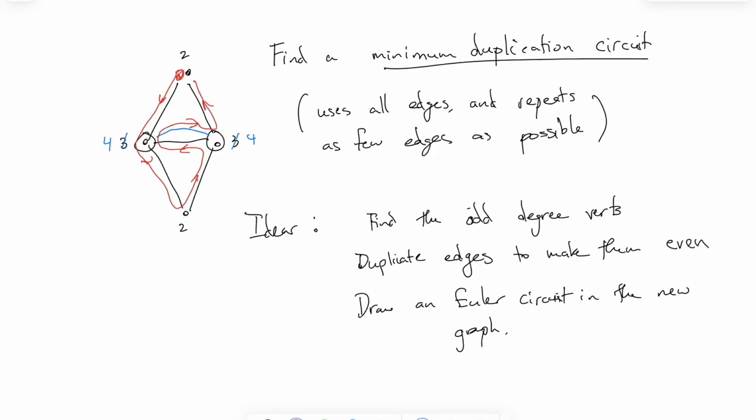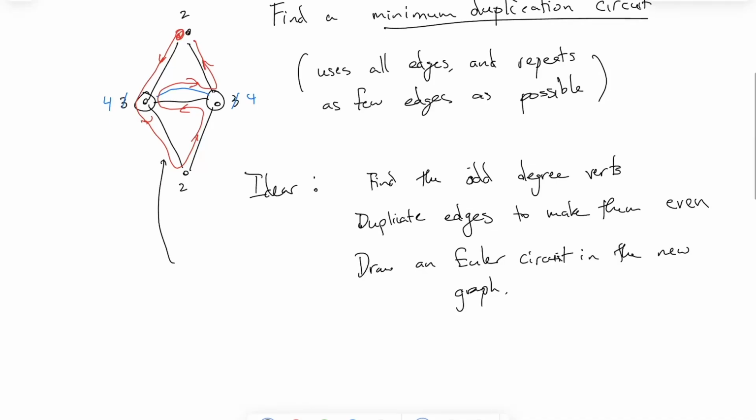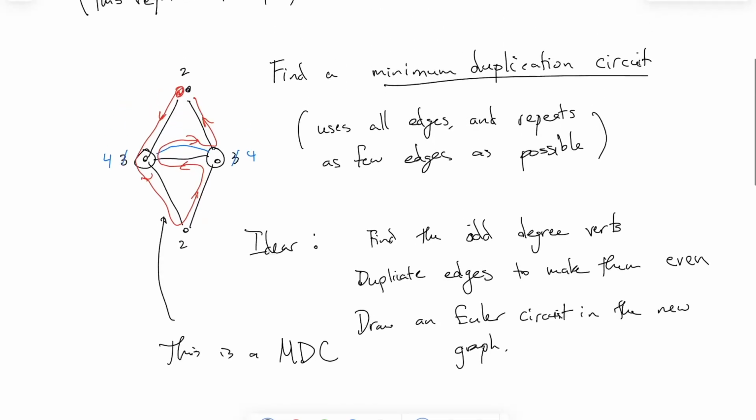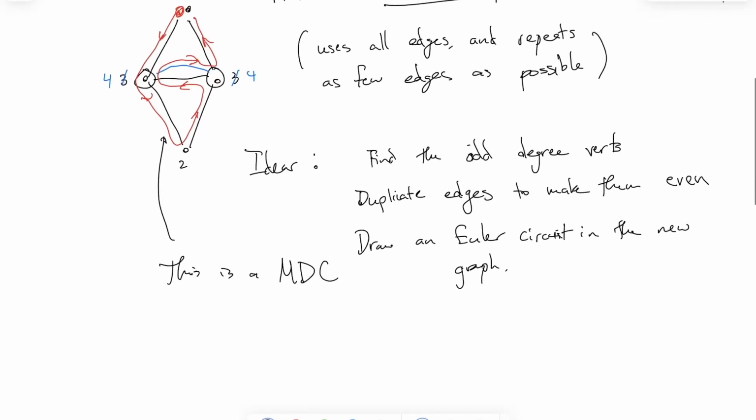All right. So this right here, the red one, this is a, would you mind if I say MDC for minimum duplication circuit? With one duplicated edge.